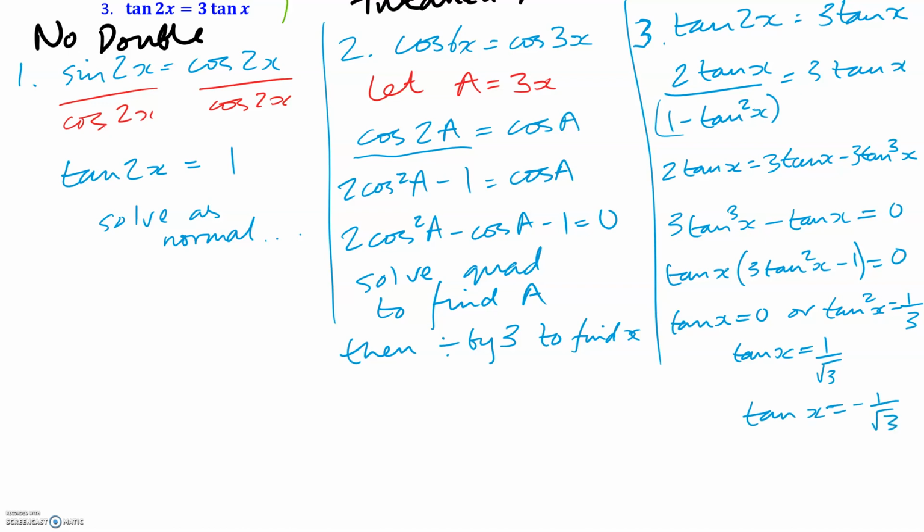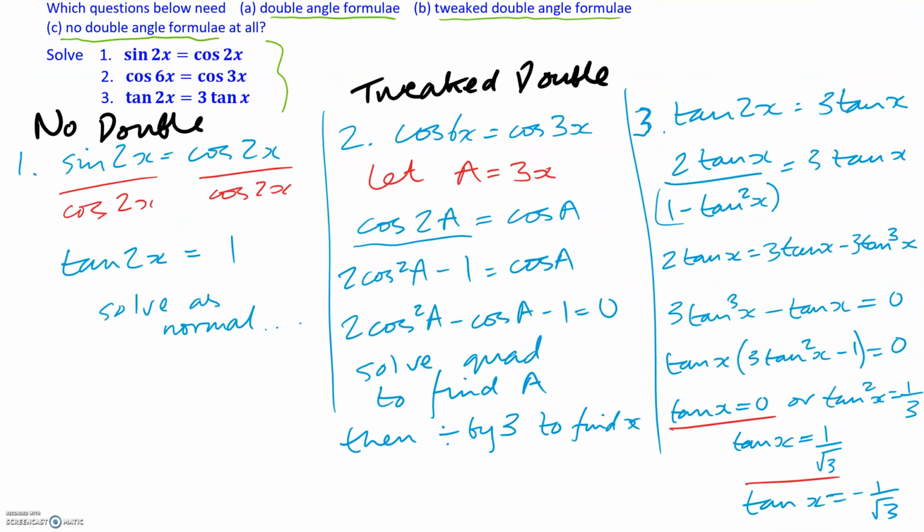So we would then just go on to solve this in the given range, this in the given range, and this in the given range. So this last one here was just a straightforward double angle question.